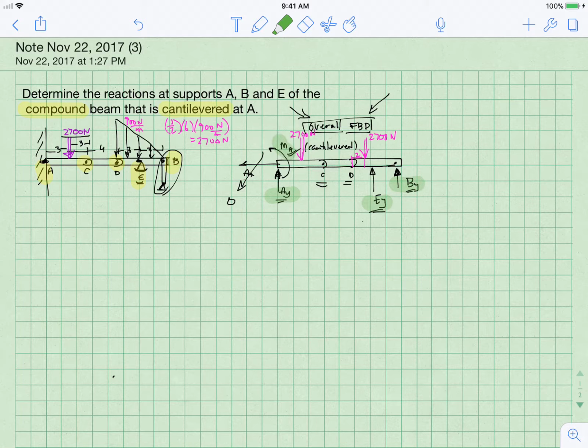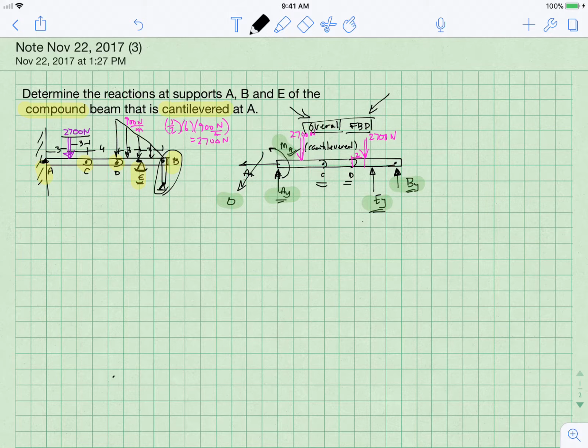I need to find all 4 of those. The bad news is that in 2 dimensions, I've already used one of my equations. I only have 2 equations left, the sum of the forces in the y direction equal to 0, and the sum of the moments in the z direction equal to 0, yet I have 4 unknowns. So we have no choice at all.